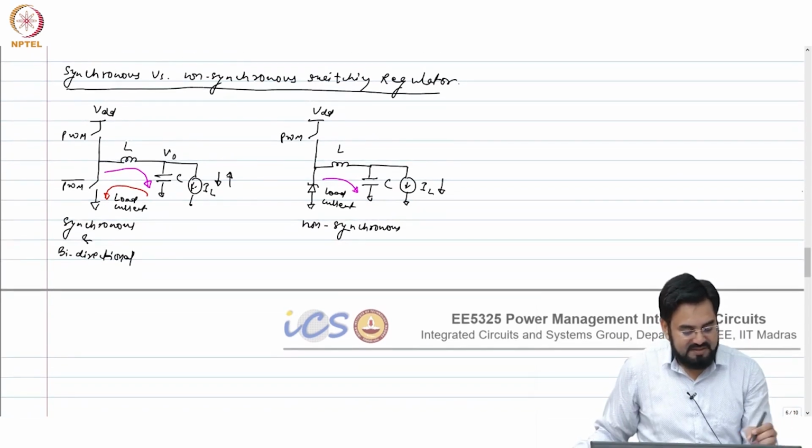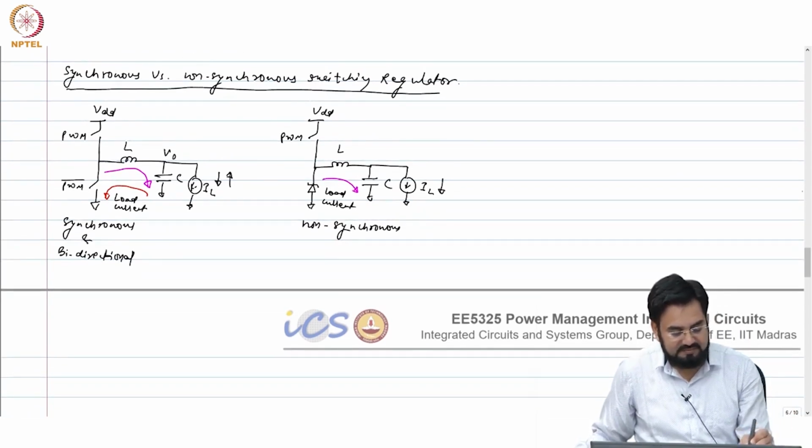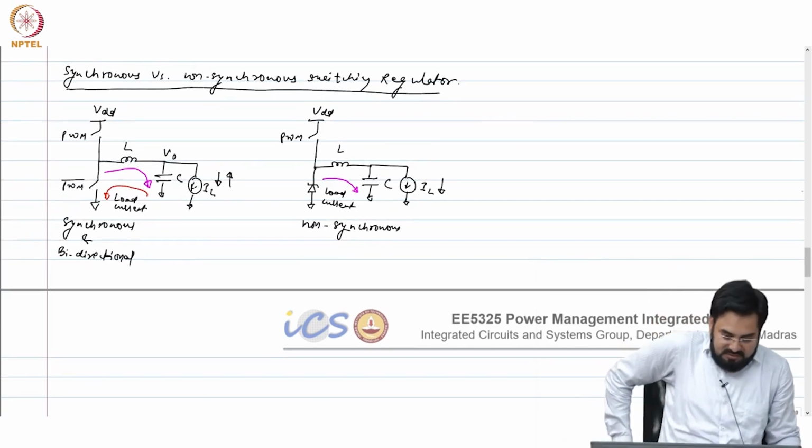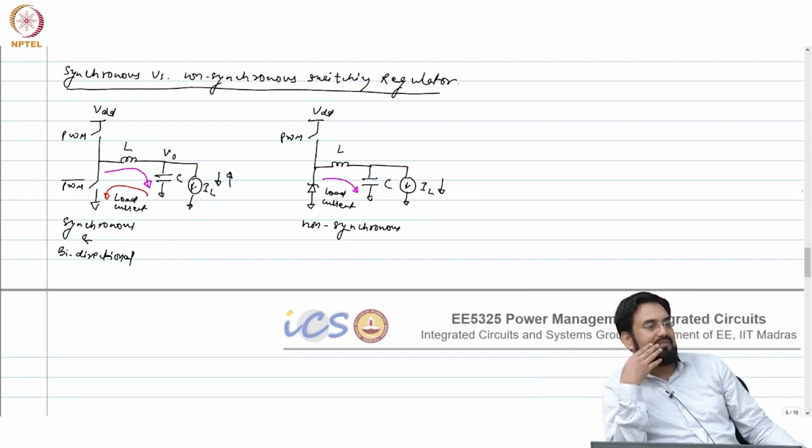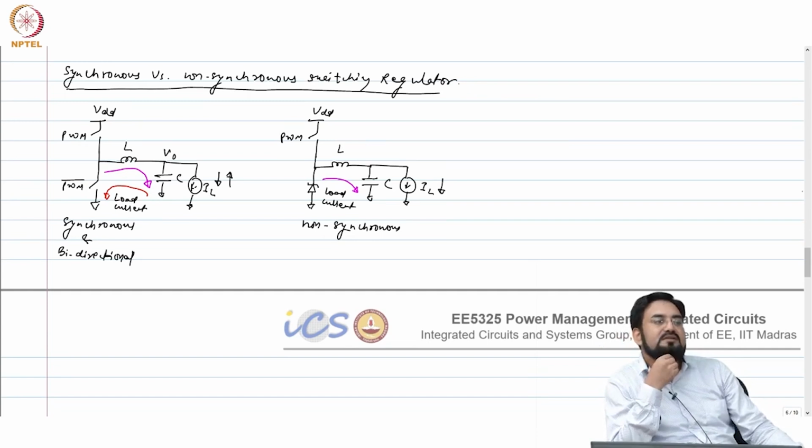So, in terms of efficiency, which is better, synchronous or non-synchronous? Go back to your losses. How do you calculate the losses? For a diode there is no R, you have to take the diode drop. So, let us say this is a normal diode, what will be the forward voltage? 0.7.